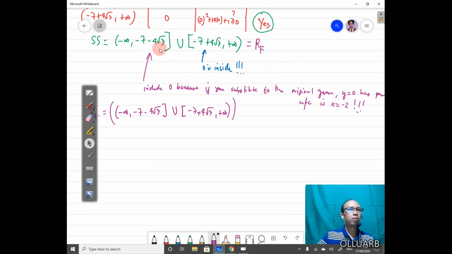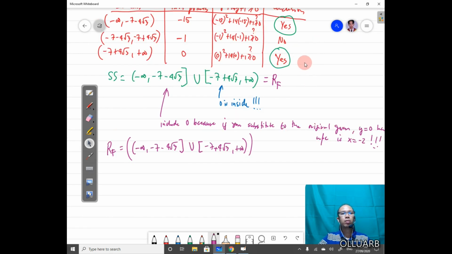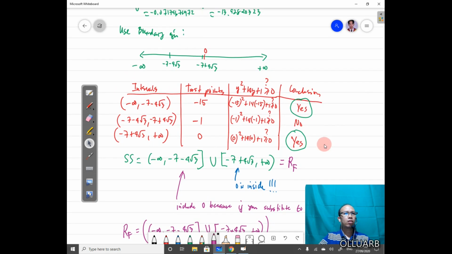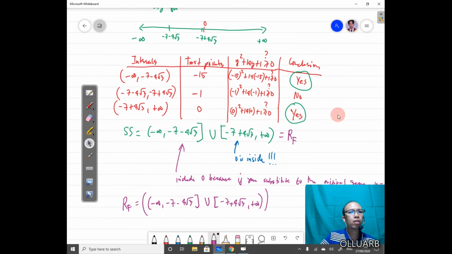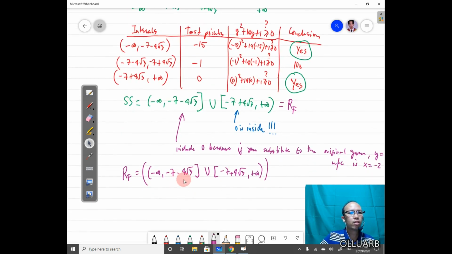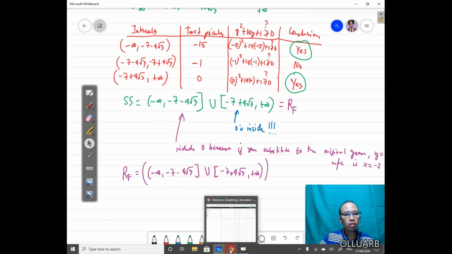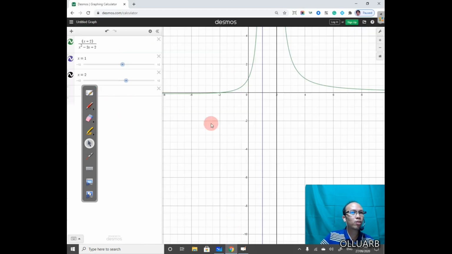What is -7? I guess this is negative, this is -13. Then this is positive. I'm confused, sorry for that. So -7 plus 4 square root of 3.